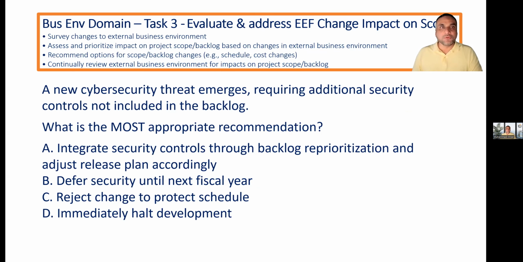Next, a new threat emerges. It's our daily life. They keep appearing. We have many softwares available for that part, requiring additional security controls not included in the backlog. So we are talking about a risk or an issue? Risk. And guidelines for dealing with emergent risk are defined in which document?